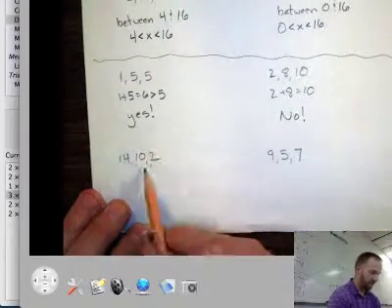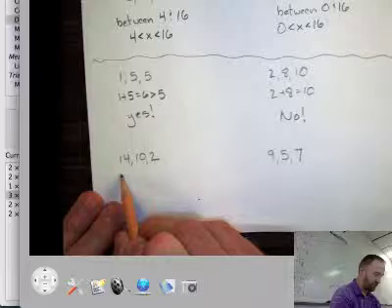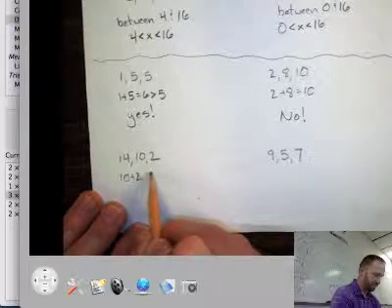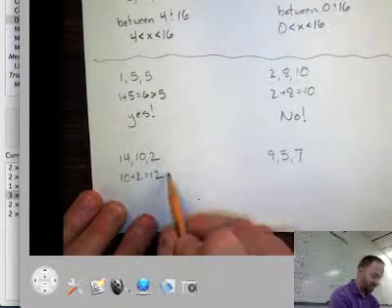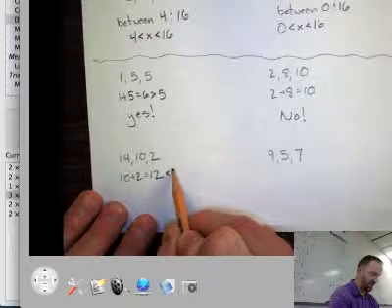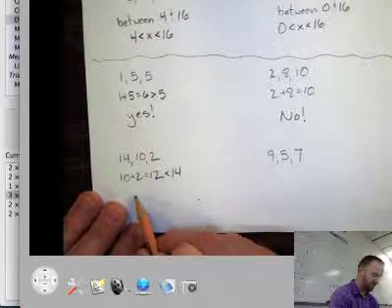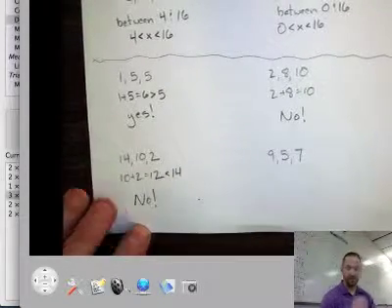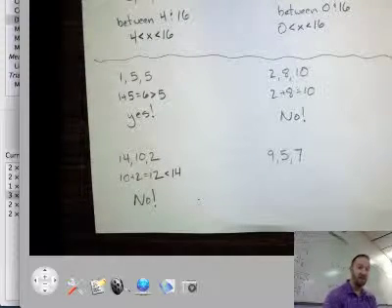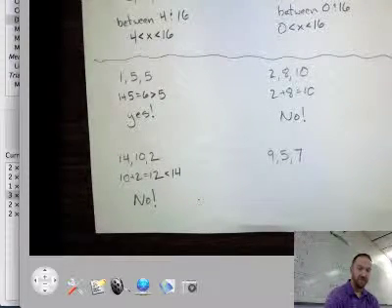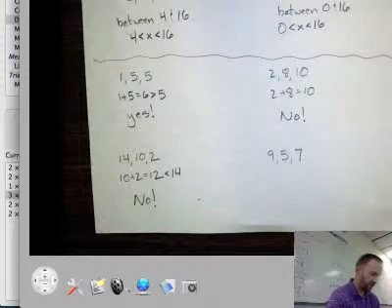Okay, here the two smaller ones are 10 and 2, and 10 plus 2 is 12. And that's not bigger than 14. That's actually less than 14. So these will not work. The two smaller ones together have to be bigger than the biggest. So that one doesn't work.